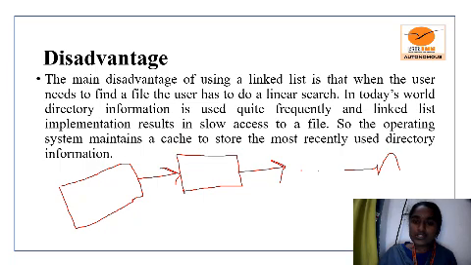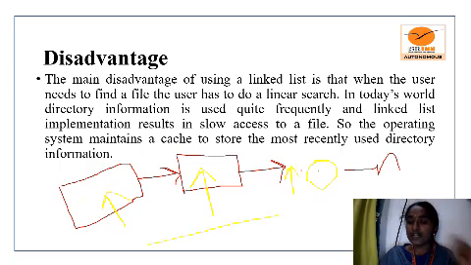Now we want to search for an element. For that, first we have to search for the element here, and again here, and again here. Like that we have to go on, checking every element and searching every node. At last we find the element here. So this is the main drawback of using a linear search.